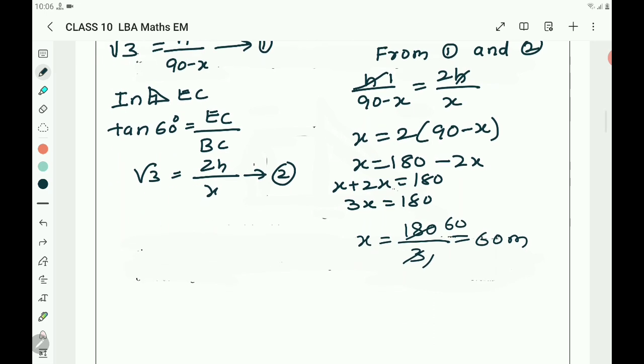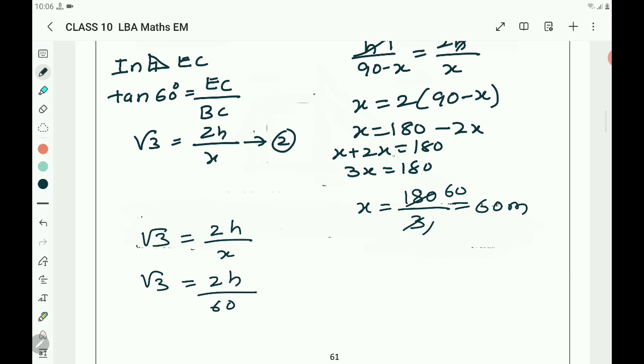Then you write root 3 equals 2h by x, that is root 3 equals 2h by 60. You can cancel here, 2 ones are 2, 30s are 30, then it becomes 30 root 3 equals h. h equals 30 root 3.